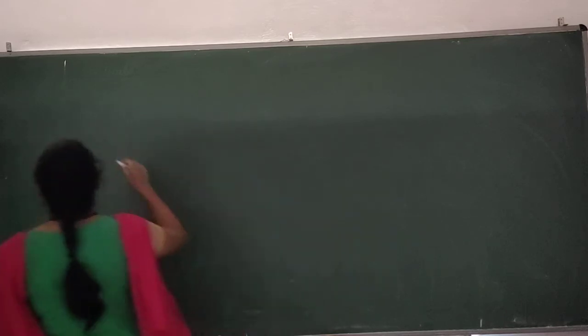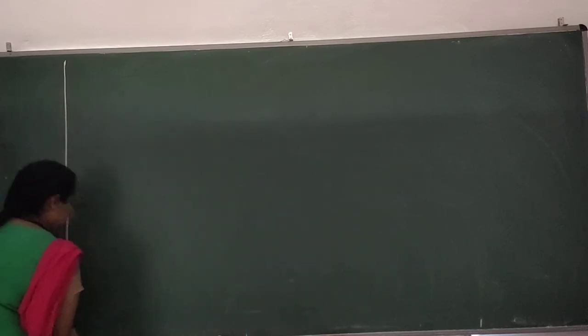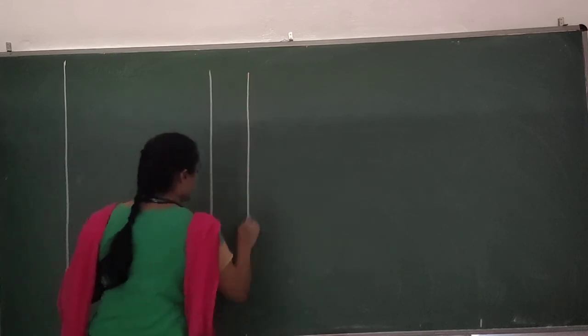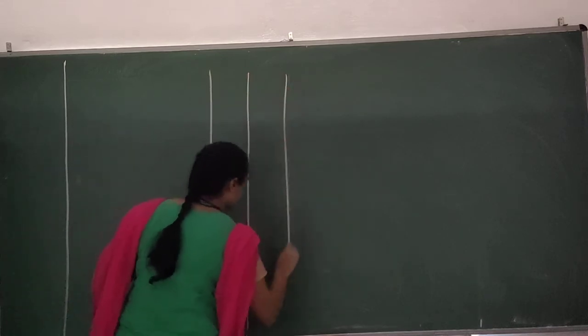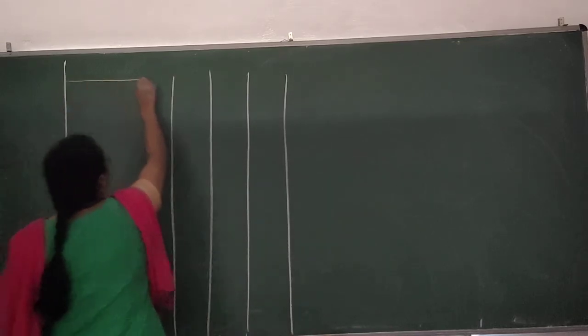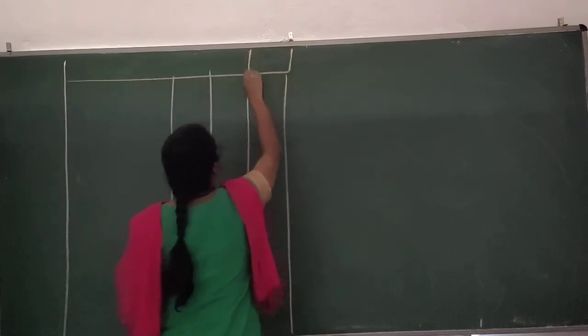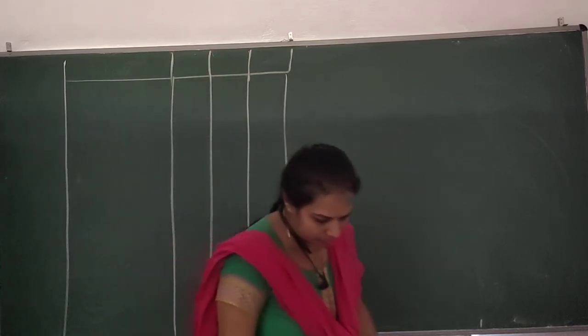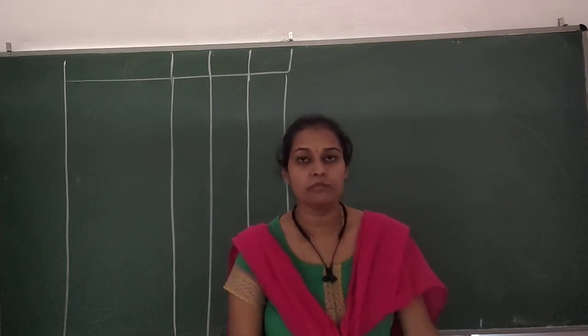Yes, so the first thing, again in this particular problem there is no units. You will write the heading. In this particular problem there is no such company name also.